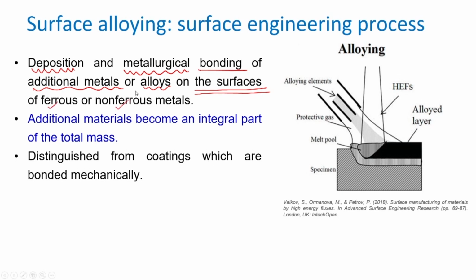So, why is it essential to carry out such an operation of surface alloying? As we have seen in our previous lectures as well, in many mechanical engineering applications, there is sliding contact of various elements of mechanisms, and during this sliding there is wear and tear.